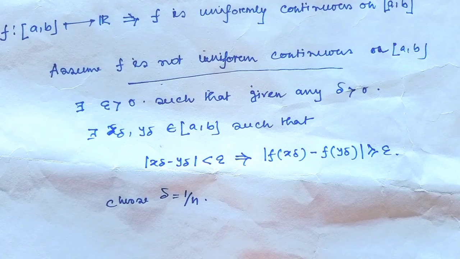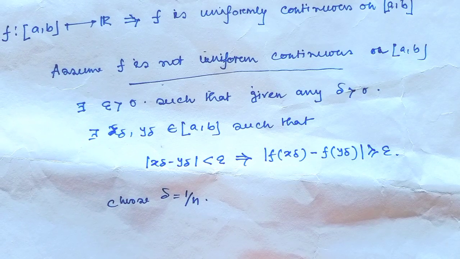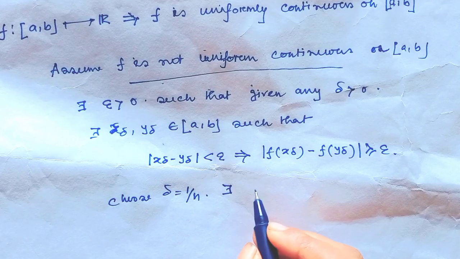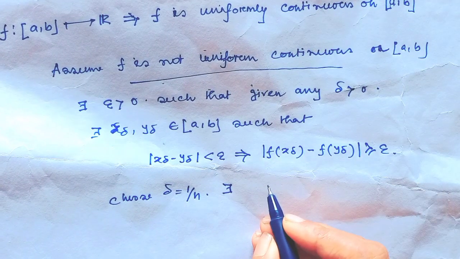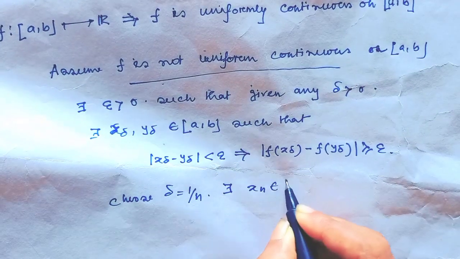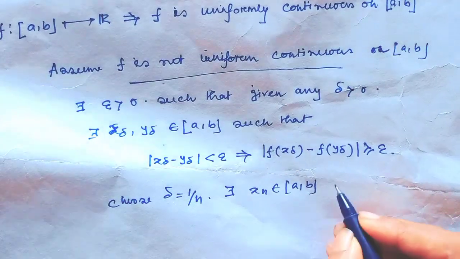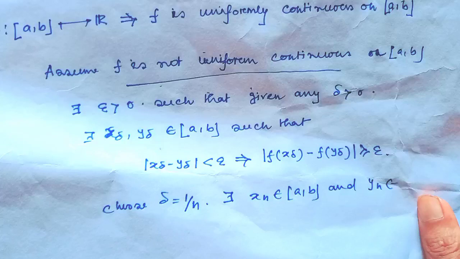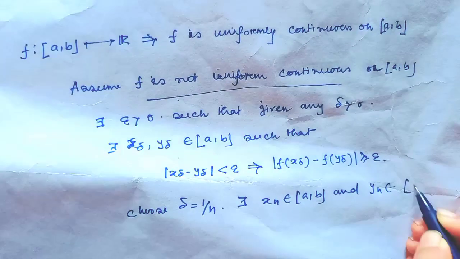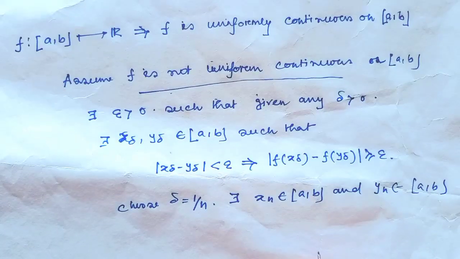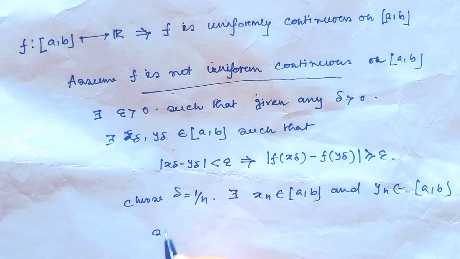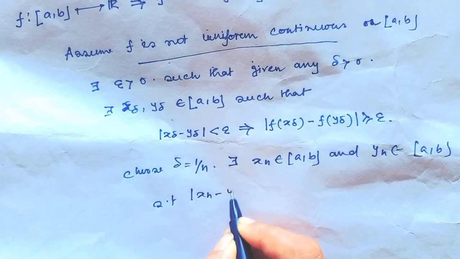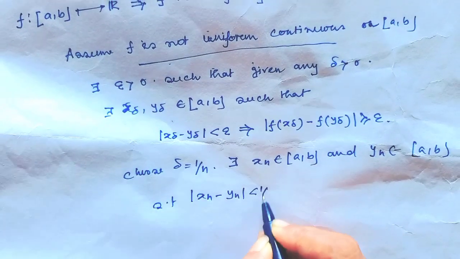And since I have chosen delta equal to 1 over n, that means there exist two sequences, xn belongs to the closed interval [a, b] and yn belongs to the closed interval [a, b], such that absolute value of xn minus yn is less than 1 over n.